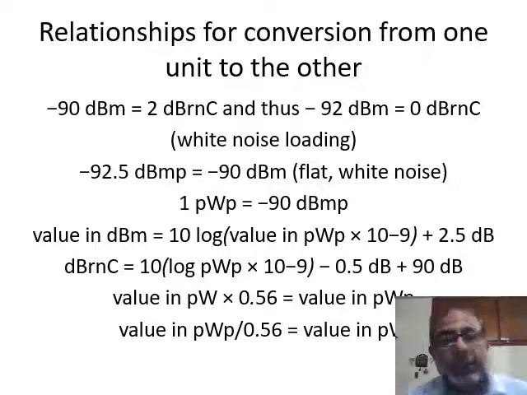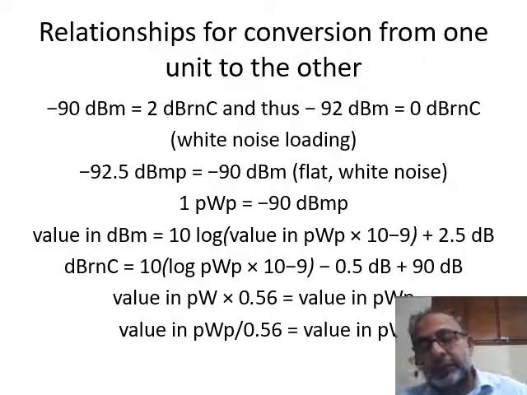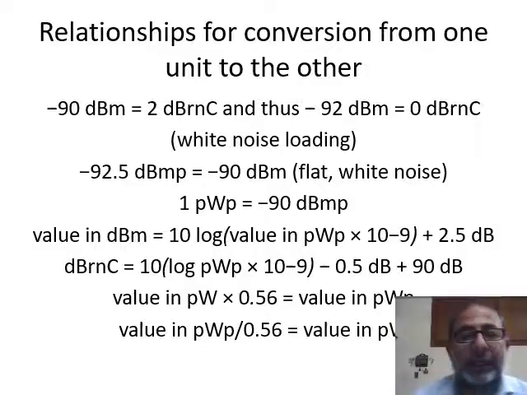Now let's see what the relationships are for the conversion from one unit to the other. If we have minus 90 dBm, it can be converted to 2 dBrnc, and thus minus 92 dBm would be equal to 0 dBrnc. And minus 92.5 dBmp, now we are talking about the psophometric weighting, would be equal to again minus 90 dBm.